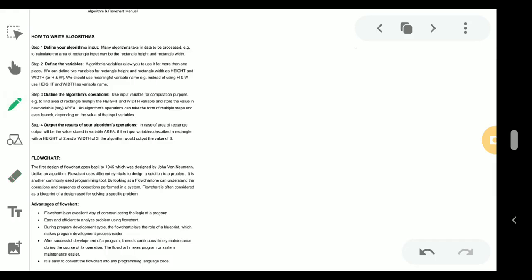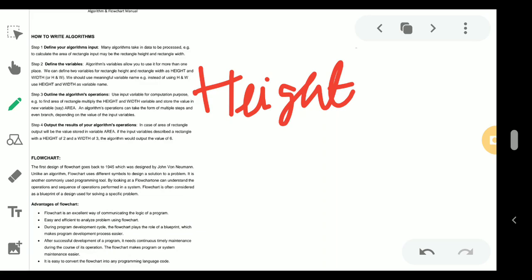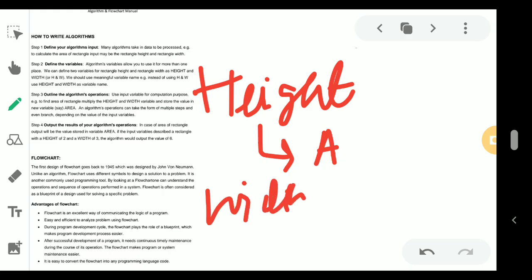Whatever variable you are using, try to name it appropriately so that it will be easier for a person to understand the algorithm. Suppose for the height of a rectangle, I declare the variable as A, and for width I declare it as B. It will be difficult to understand what A and B are.